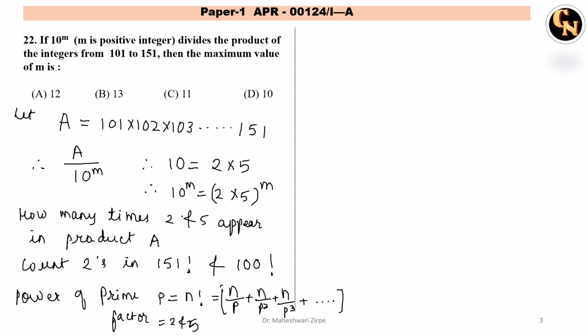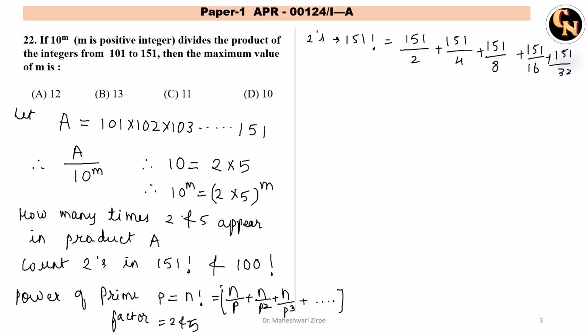Okay, let us find for 2's. 151 factorial will be 151 upon 2 plus 151 upon 2 square, then cube and so on. So it is 151 upon 8 plus 151 upon 16 plus 151 upon 32 and so on.